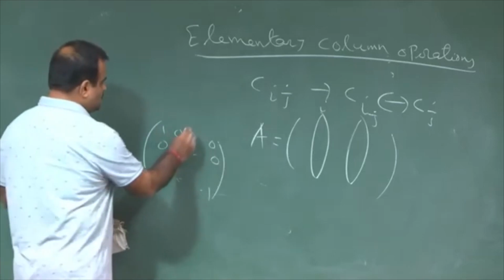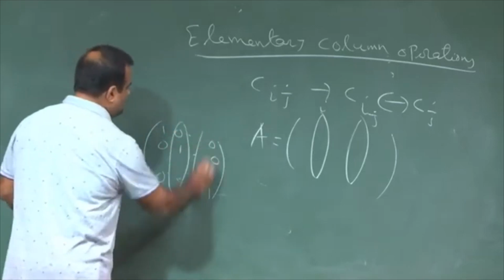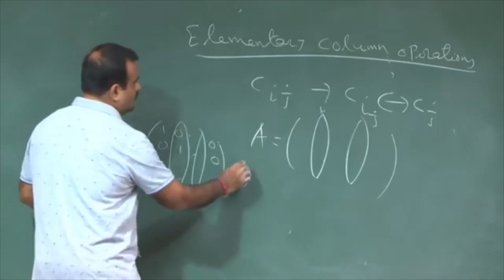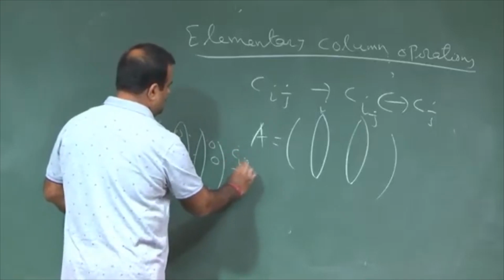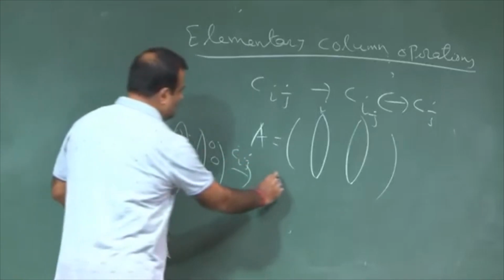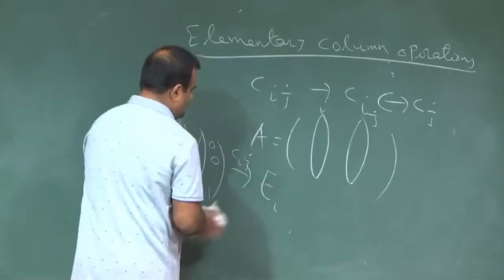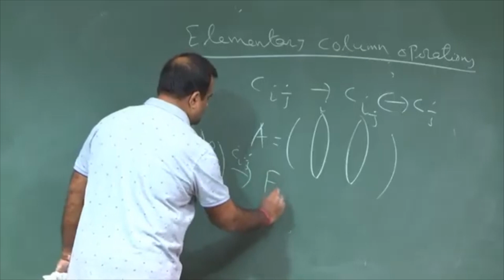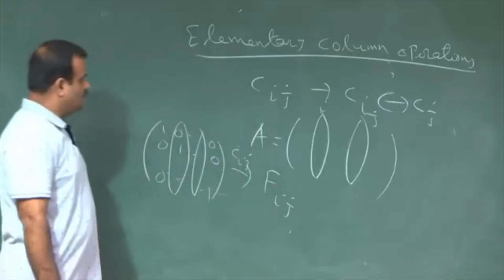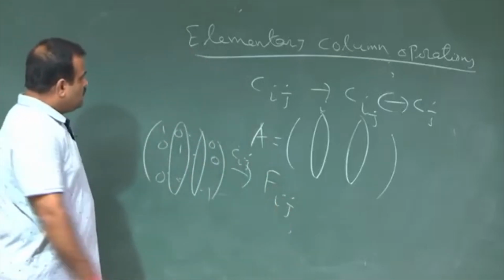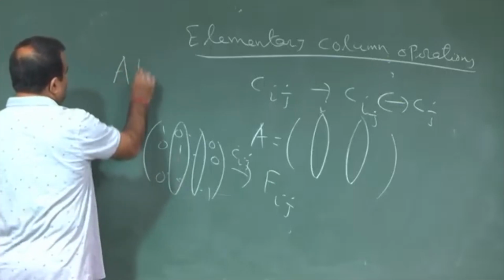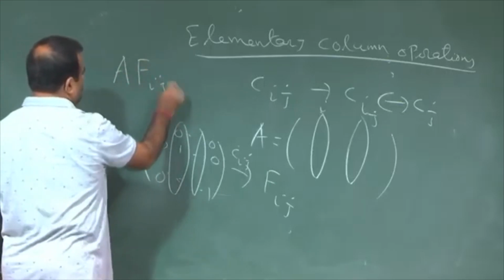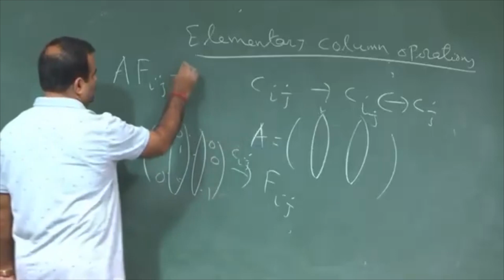So, if we just exchange the ith column and jth column, so if we do the Cij on this, we get the corresponding Eij, or for columns we can denote it Fij. Now, if we multiply A with Fij, this will give us these operations.